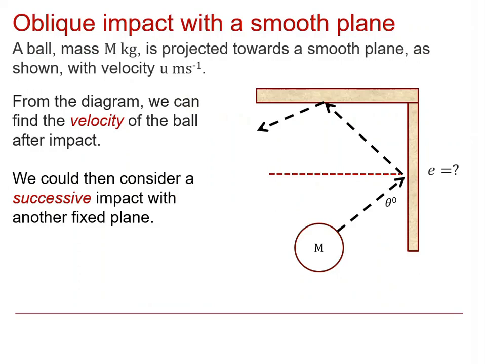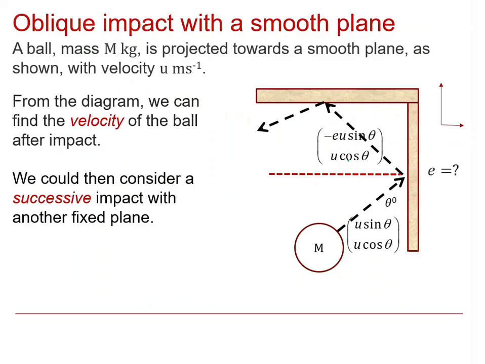Now we should start off by looking at the set of axes to get our notation for vectors specified. Then we'll have the incident velocity shown. That's resolved into u sine theta and u cos theta using the theta between the incident line and the wall. That will give rise to a bounce back velocity.